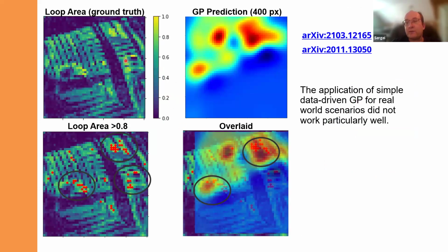The reason it doesn't work is simply because our ground truth function is very complicated. The images tend to have details on multiple length scales. And in this case, Bayesian optimization doesn't work very well.